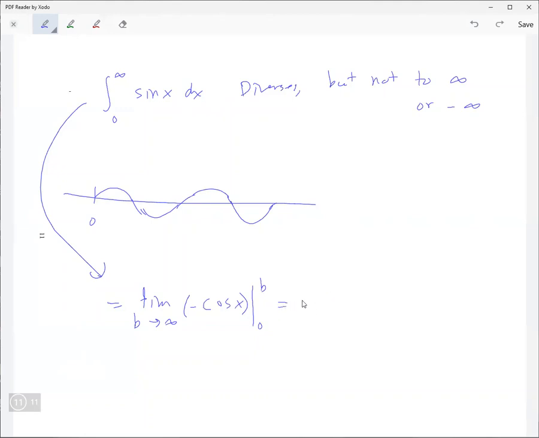So that would be the limit as b goes to infinity of negative cosine b, and then if I put a 0 in, I get plus 1. And so this right here oscillates between -1 and 1.